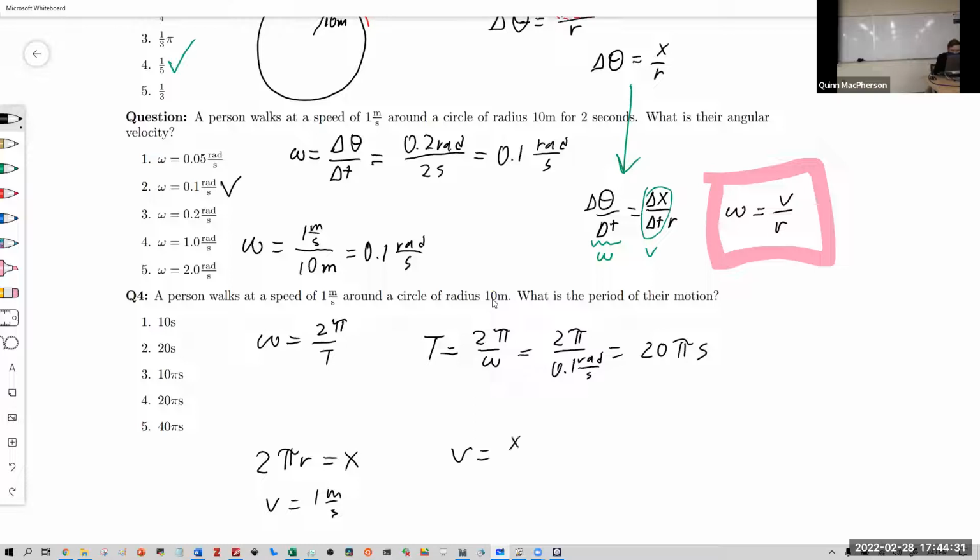Velocity is distance over time. We're trying to find time, so time is distance over velocity. Distance is 2 pi r, but r is 10 meters, so 2 pi r over our velocity, which is 1 meter per second, and we get 20 pi seconds.